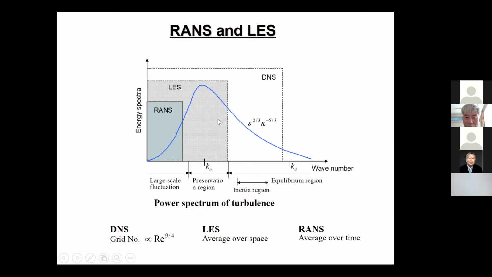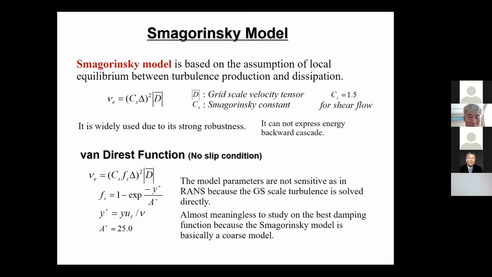Possibly we cannot afford to do a calculation close to DNS. So usually we cut our wave number to here and here and here. Of course, it's still higher than RANS, but usually people cannot cut to this equilibrium range. If you want an equilibrium region, you have to cut off at a very high frequency.